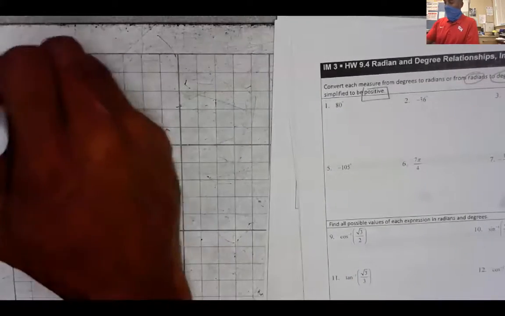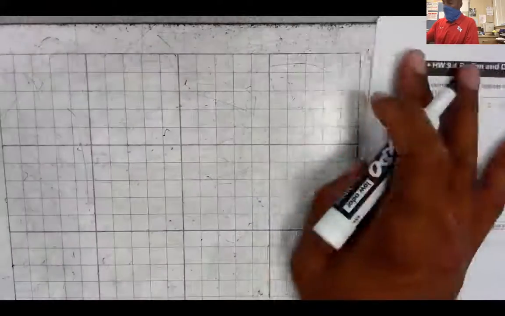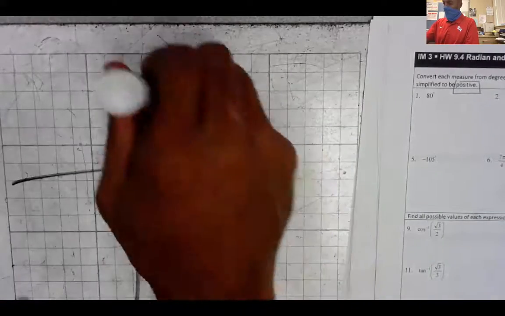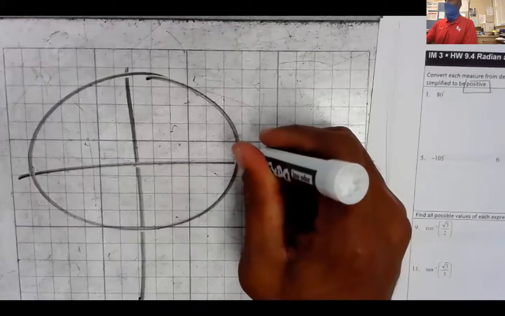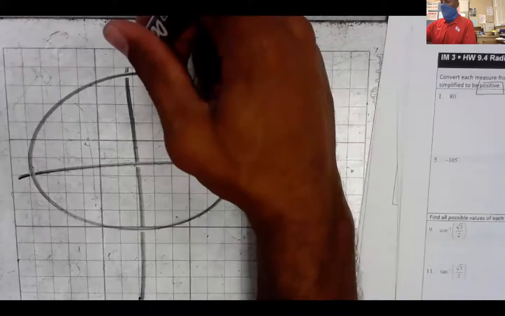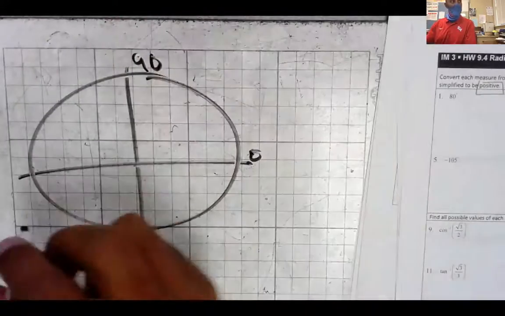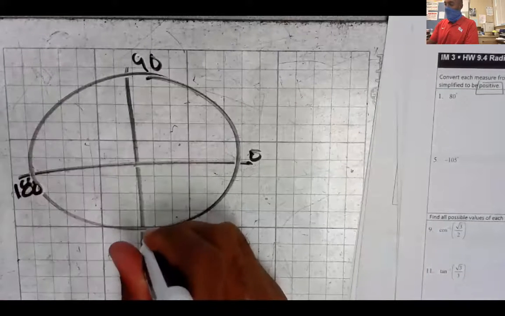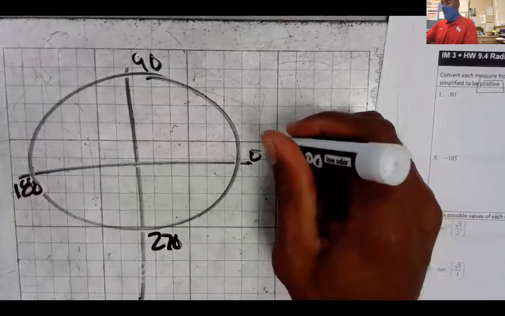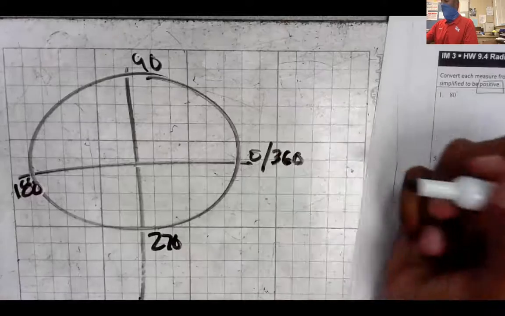All right, so if I'm converting, if I got a circle here, and I start here, how many degrees is that? 0. How many degrees is here? Then the next, 180, the next axis. And if I come back all the way around, 360.